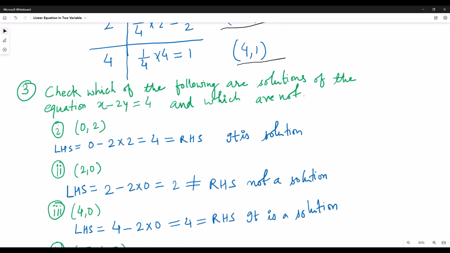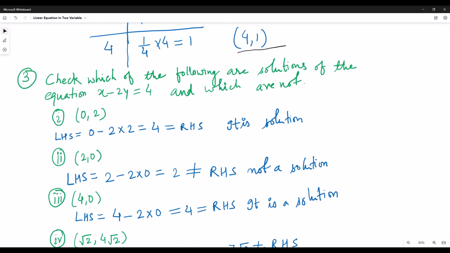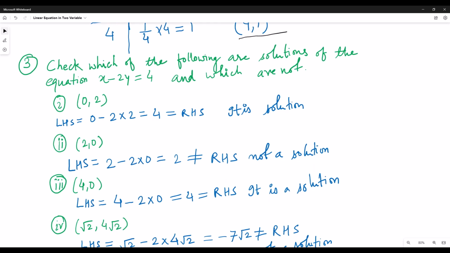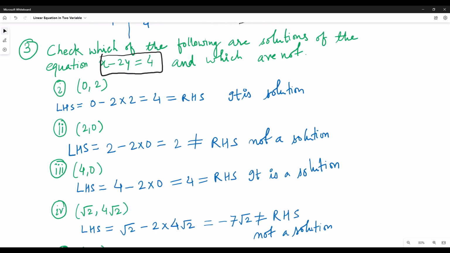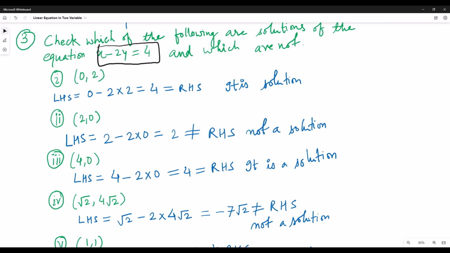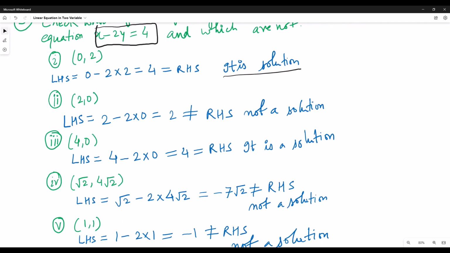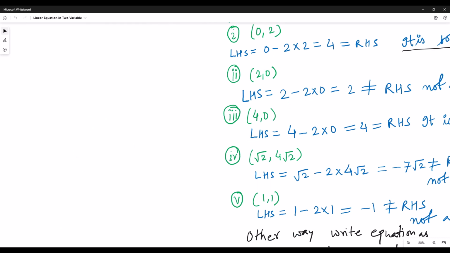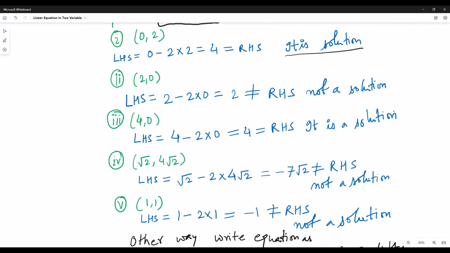Check which of the following are solutions of the equation x minus 2y equals 4 and which are not. We have to find out whether (0, 2) is a solution or not. You put x equals 0 and y equals 2; here LHS is not RHS, so this is not a solution.